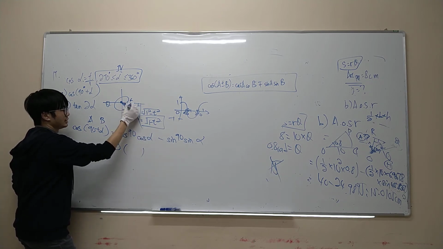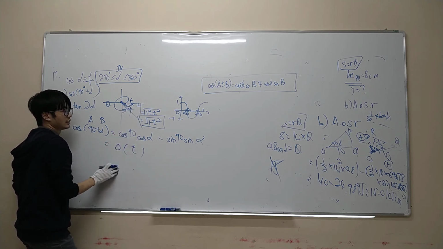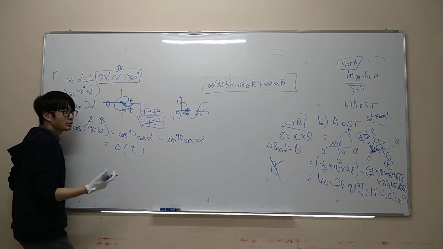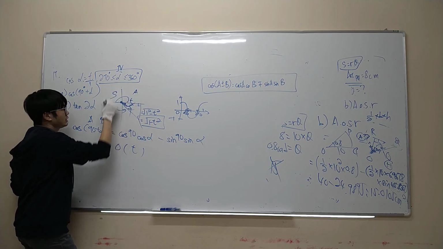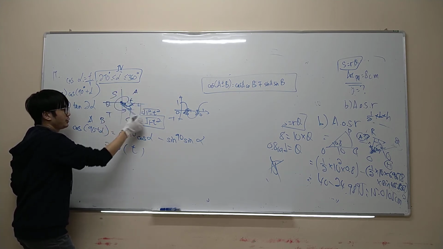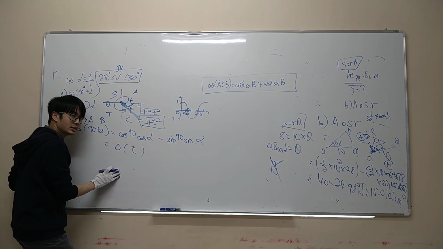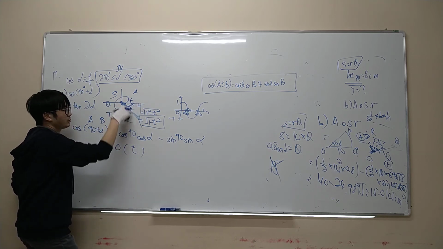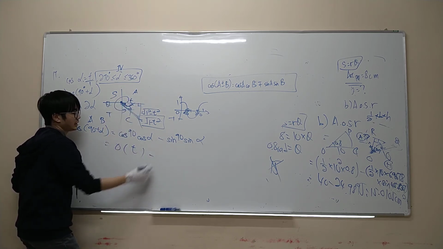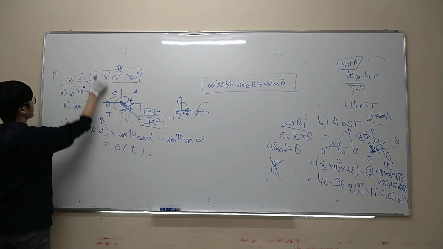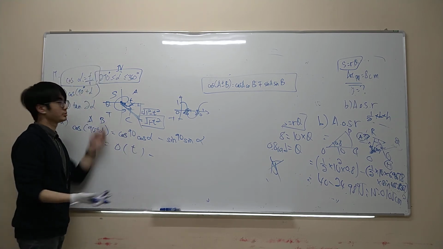So what's the adjacent? T. What's the hypotenuse? 1. So t over 1 is t. And you have to always consider quadrant. Add sugar to coffee. So in the fourth quadrant, do we need to add negative for cos? No need, because in the fourth quadrant cos is positive, so no need for minus. Actually you can use this, right? Cos alpha you already know is t. So you can use it.